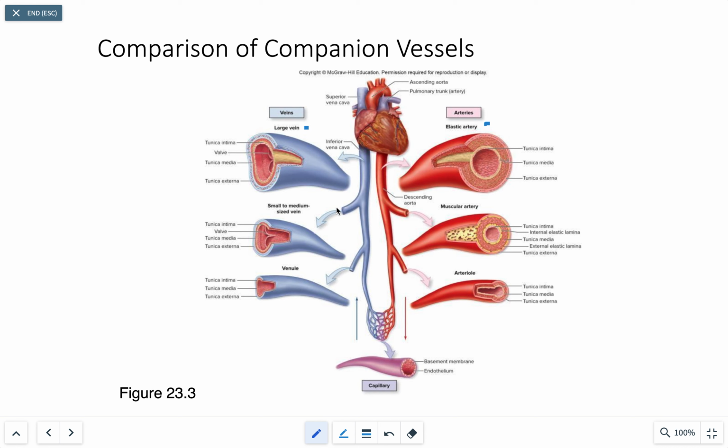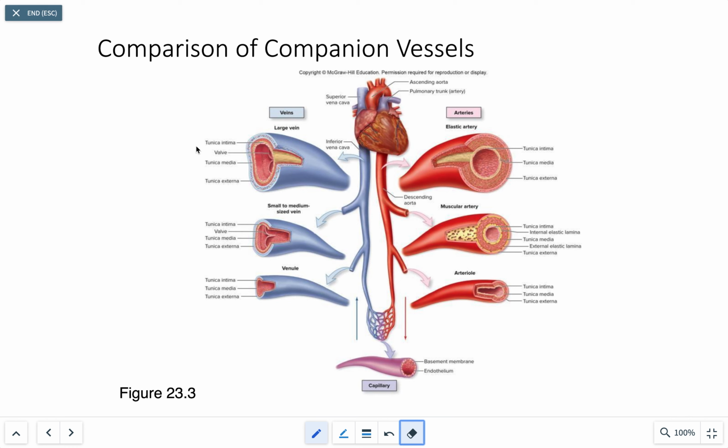And then the further away you get from the heart, so as we're traveling down away from the heart, you can see that the size of both the veins and the arteries are getting smaller in diameter. When we are looking at the veins, it's a blood reservoir. It usually has about 60% of the total volume of blood when someone's at rest.